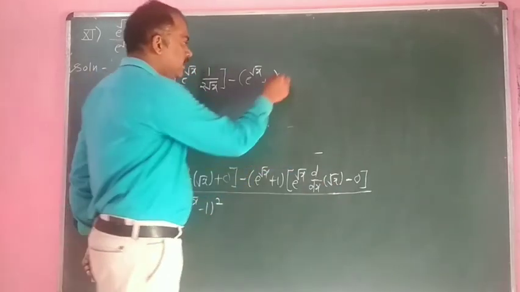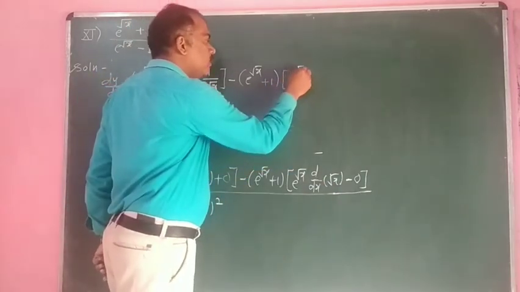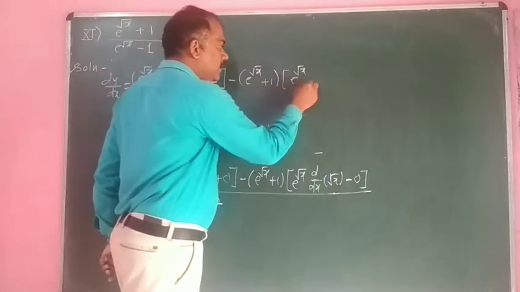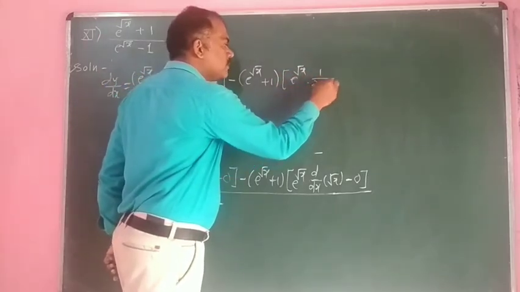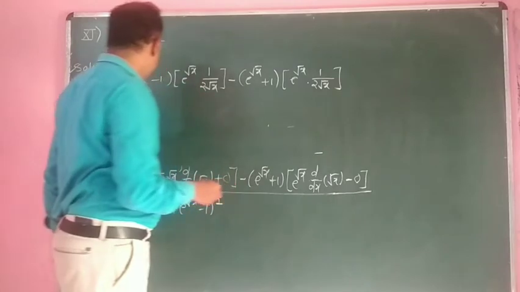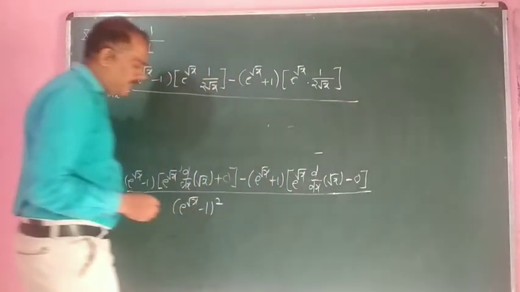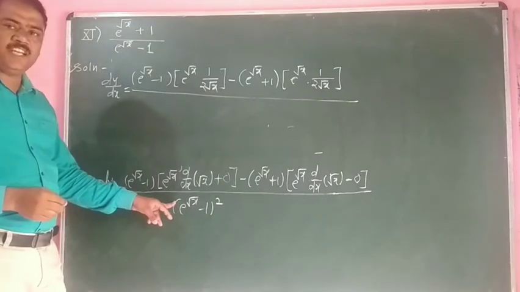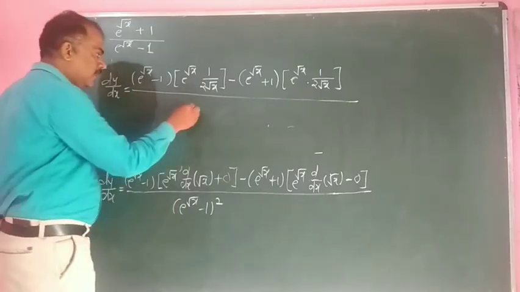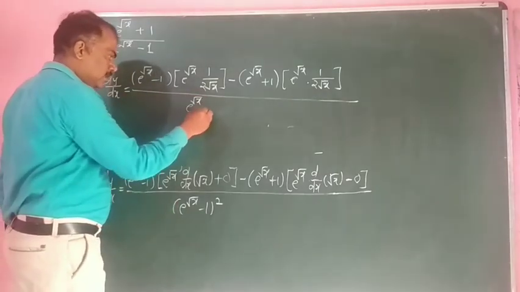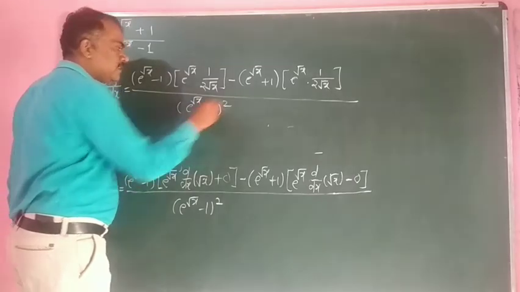This is nothing but e raised to root x into 1 upon 2 times root x, whole divided by this denominator, (e raised to root x minus 1) bracket square.